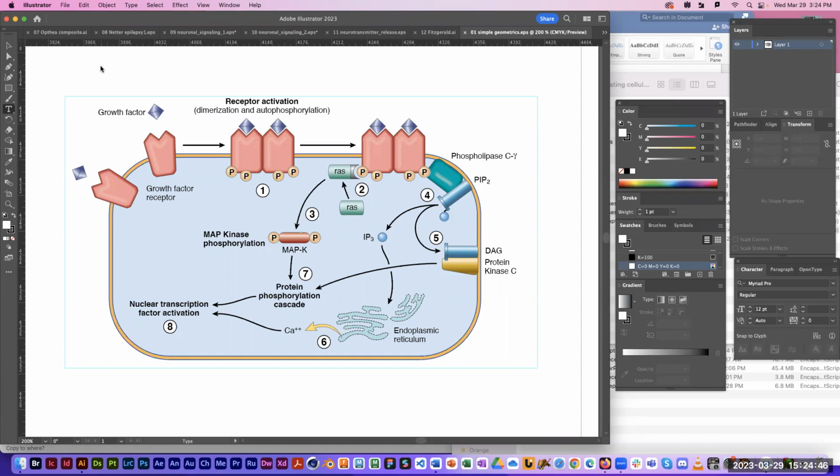But this move away from just using these simple geometric shapes is not just to make the illustrations prettier, but it's also so that over time people will gradually come to recognize some of these important molecules by their shape.